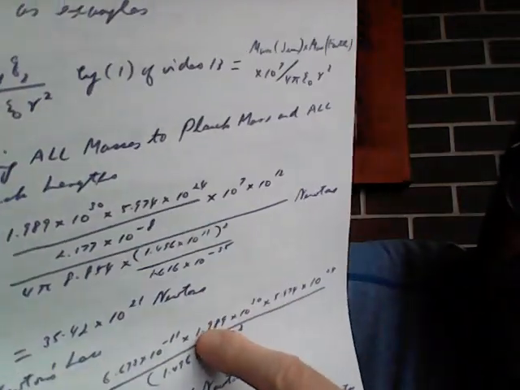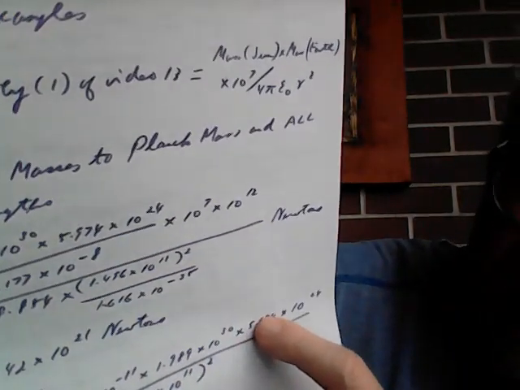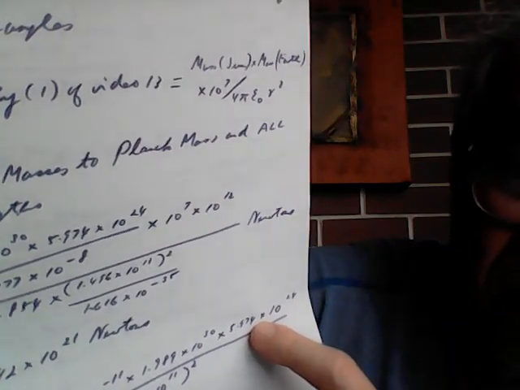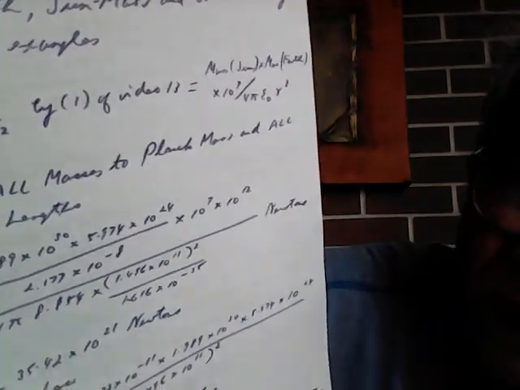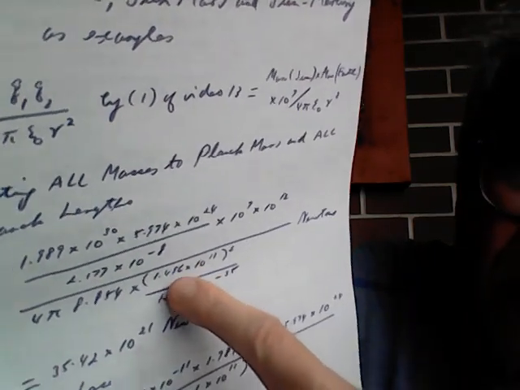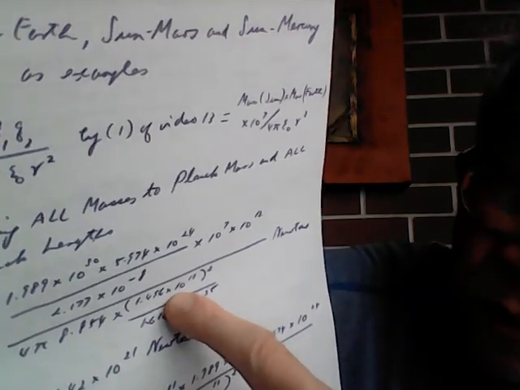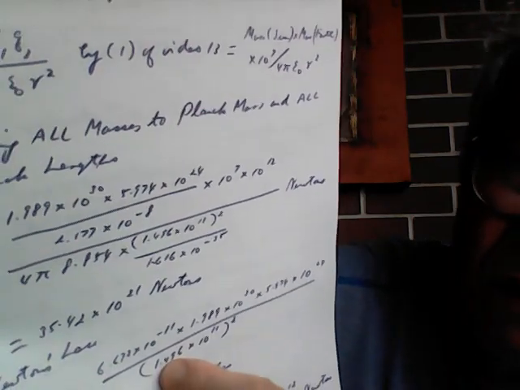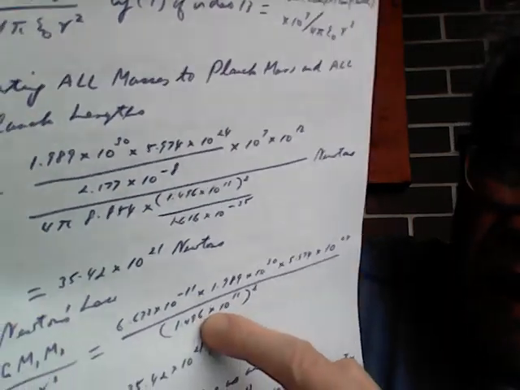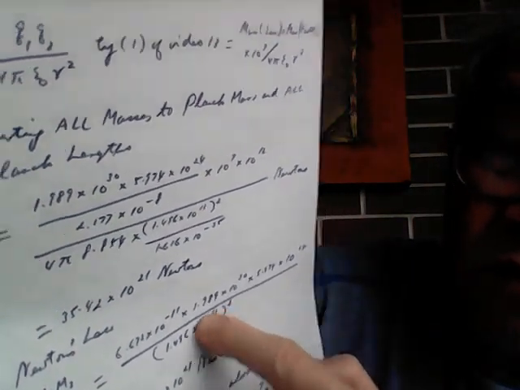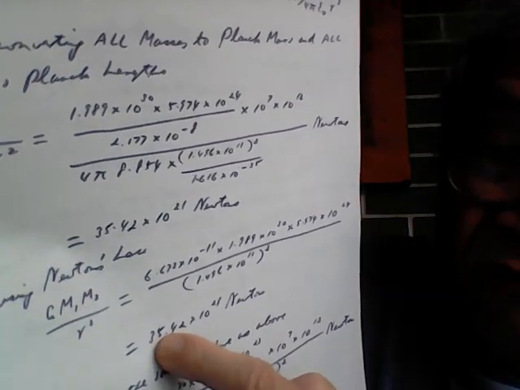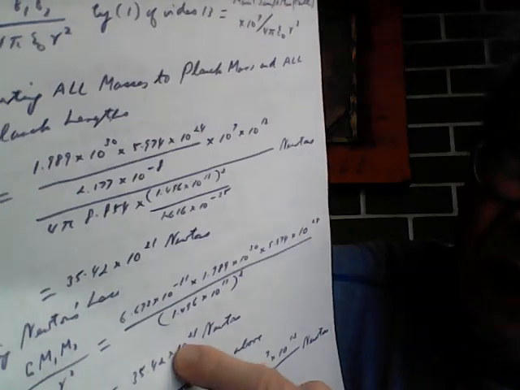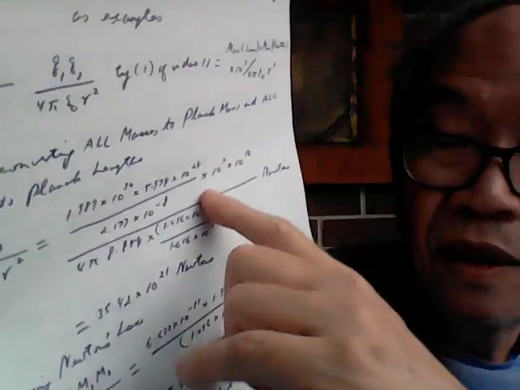Multiply the Sun's mass, and then the Earth's mass, and then divide by R square, the distance between the Sun and the Earth, 1 AU, 1 astronomical unit, 1.496 times 10 to the power 11 all square. So the final answer is just 35.42 times 10 to the power 21, the same.